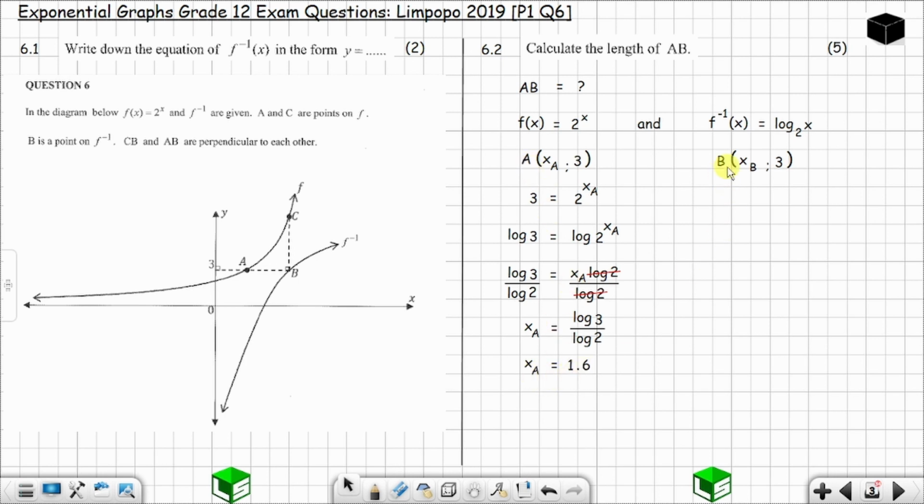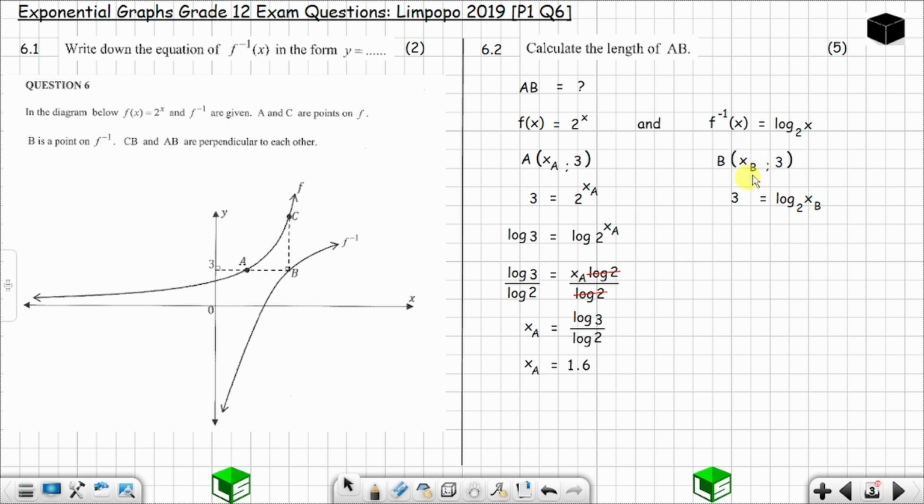You now need the x coordinate of the point B. Let's get it. So you have the y coordinate, which is 3. We are going to use this. This is your y, and your y is 3. So you have 3 is equal to log of x sub B to the base 2.